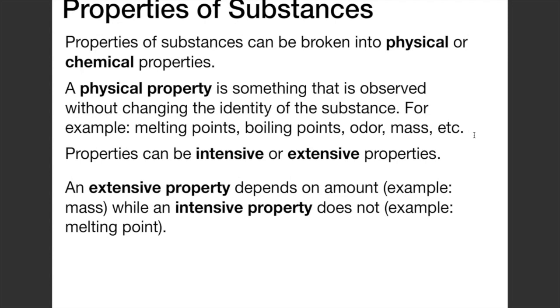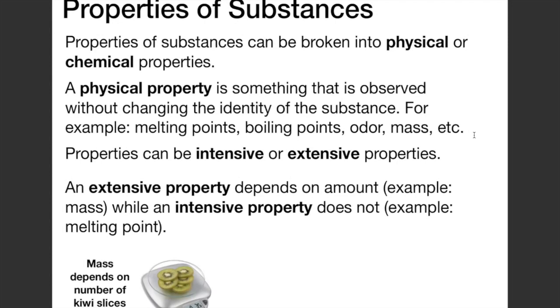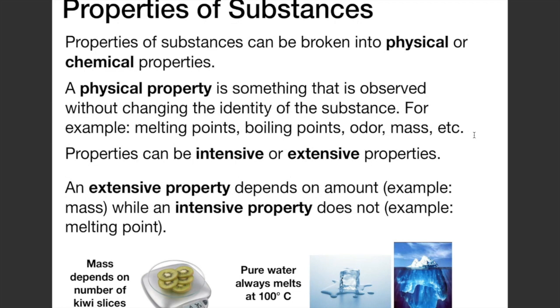So, once again, we can go with water. So pure water will always melt at 0 degrees C. It doesn't matter if we have an ice cube or we have an iceberg. Getting back to mass, a mass will change depending on the amount of substance you have. So 3 kiwis is going to weigh less than 5 kiwi slices.